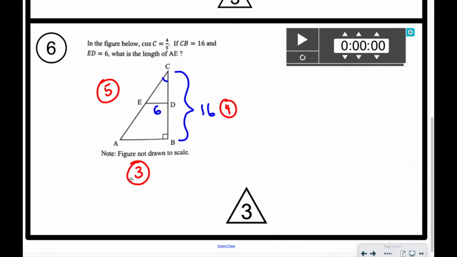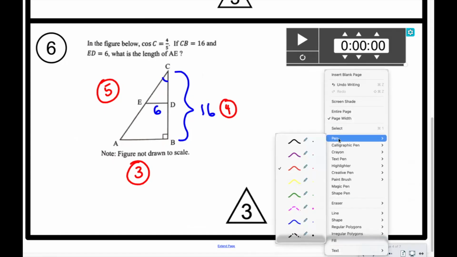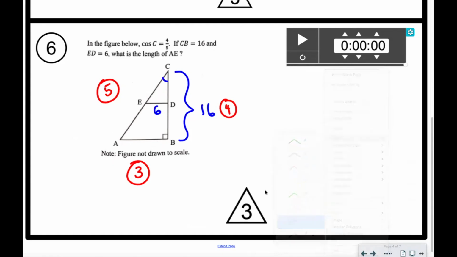So notice how often this 3, 4, 5 comes up. So now I know the big triangle is 3, 4, 5. So then I am going to go back here. So then I know I'm multiplying by 4. So that means AB is 12 and AC is 20.